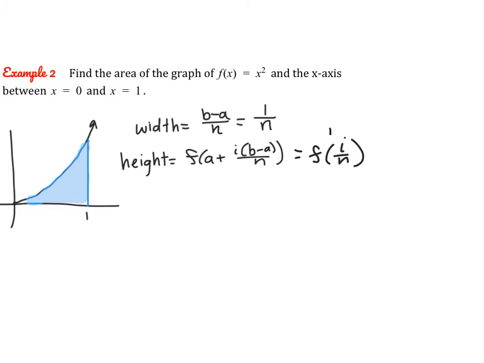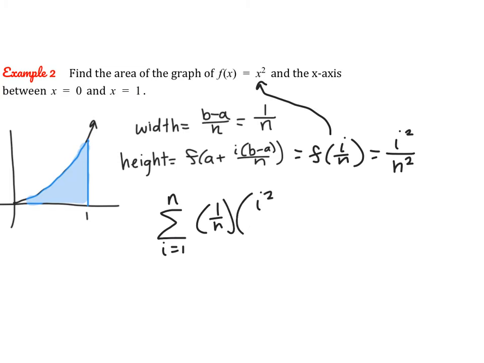If I substitute i over n into our function, i over n squared is just i squared over n squared. So we want to find the sum of 1 over n, our width, times i squared over n squared, which is our height.